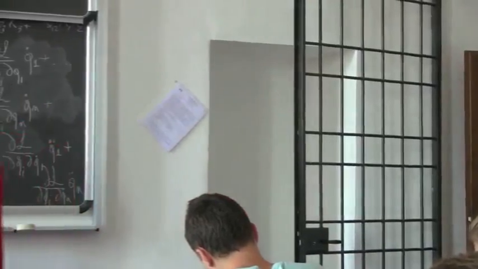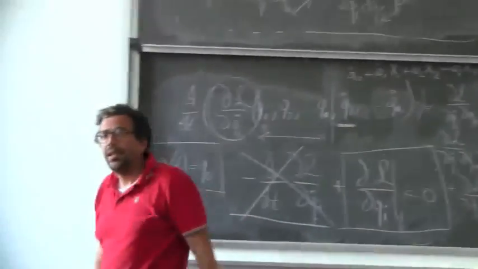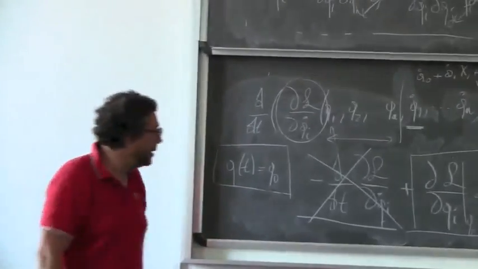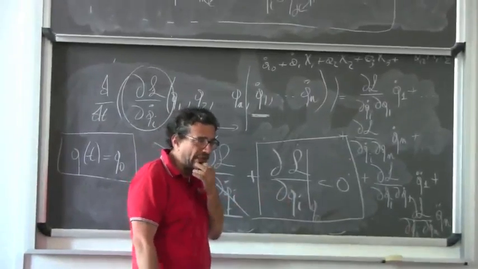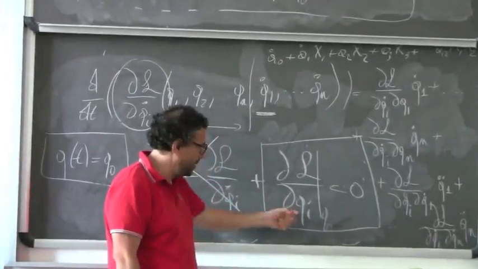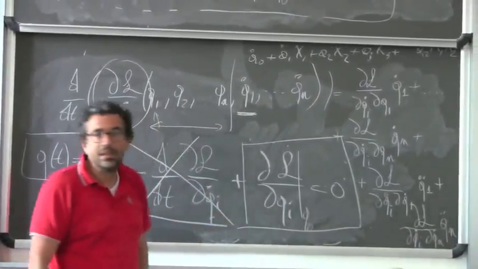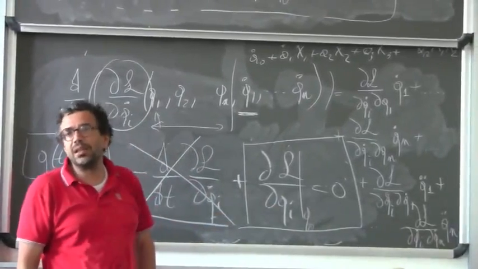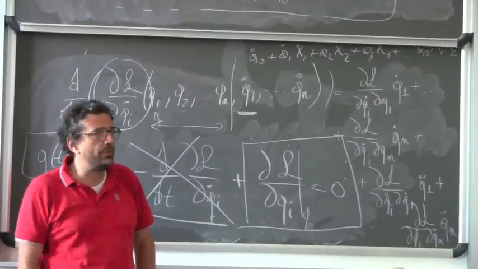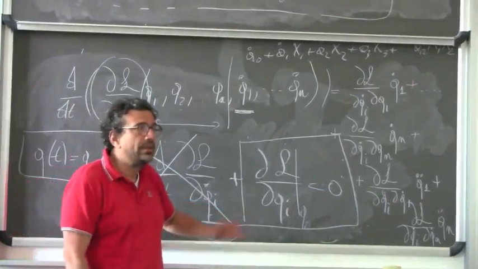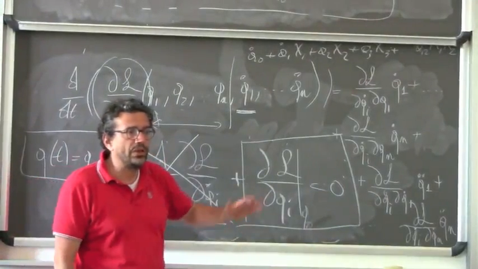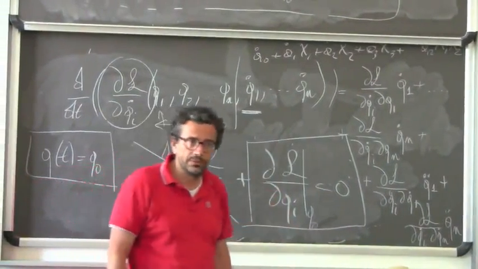So an equilibrium condition is such that the first derivative of the Lagrangian with respect to the Lagrangian variables, all of them have to be 0. So this is a necessary and sufficient condition for equilibrium.